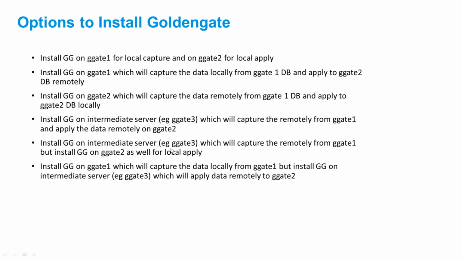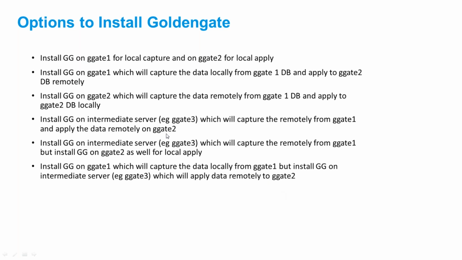So what you are doing here is installing Golden Gate on an intermediate server for remote capture, but doing the local apply. And the sixth option is install Golden Gate on ggate1, which will capture the data locally from ggate1, but install Golden Gate on an intermediate server, which will apply data to ggate2.